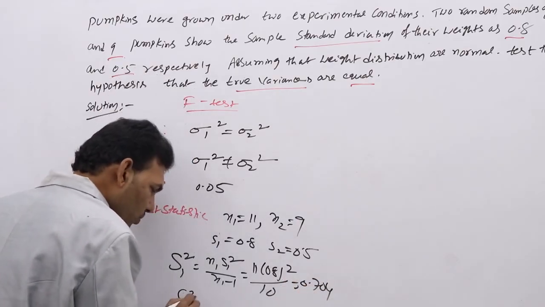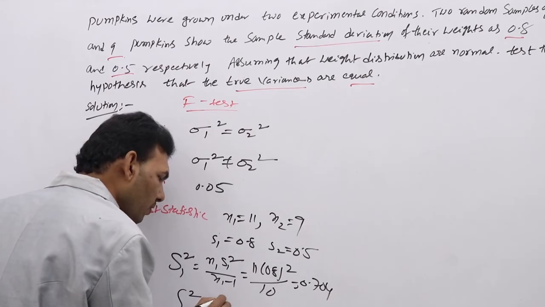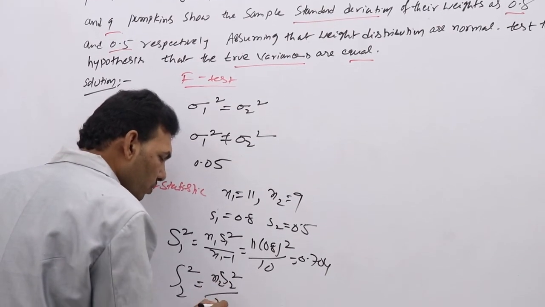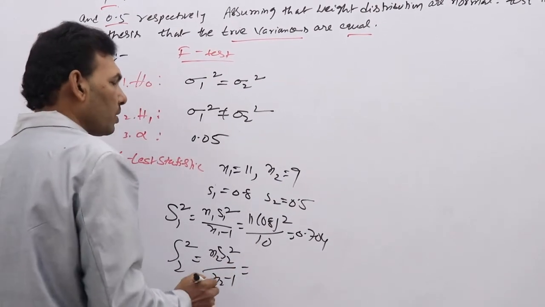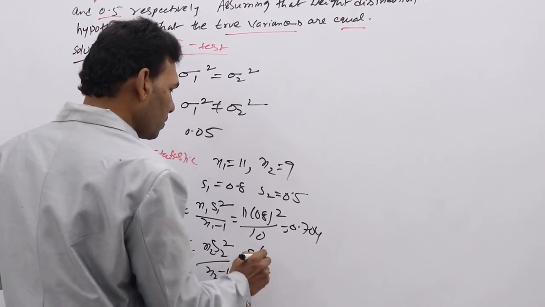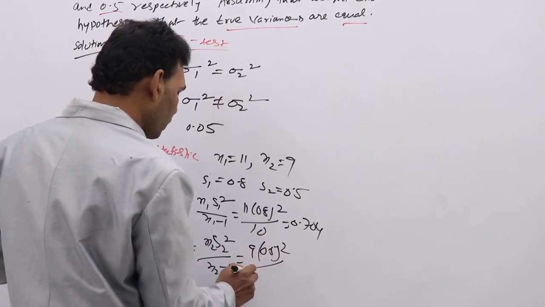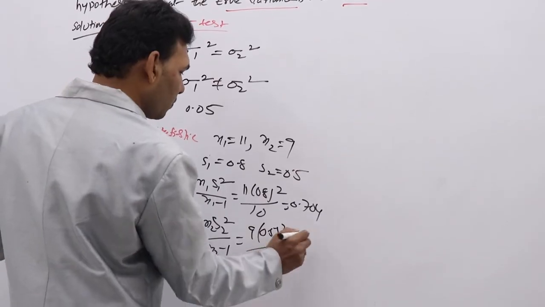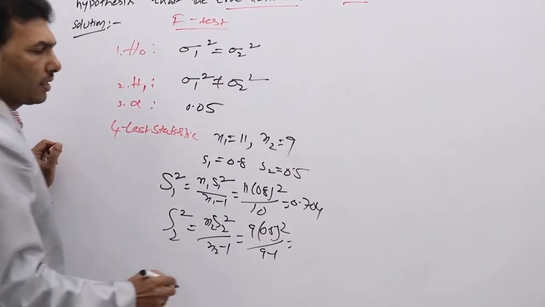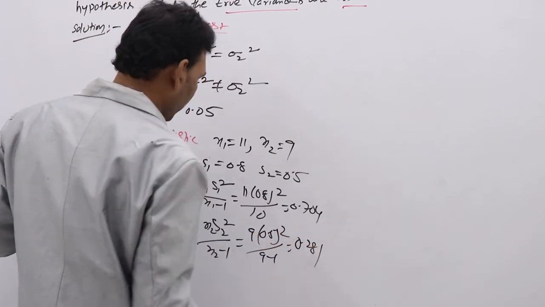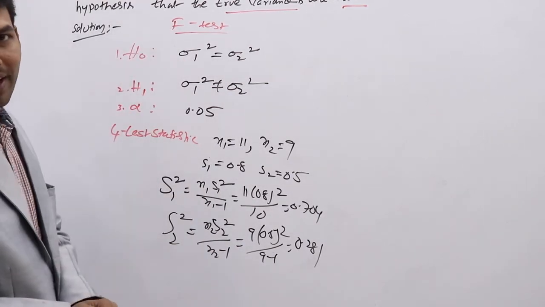Similarly, s2 square can be calculated using N2 S2 square by N2 minus 1. So N2 is 9, S2 square is 0.5 whole square, by 9 minus 1. You will get 0.281.